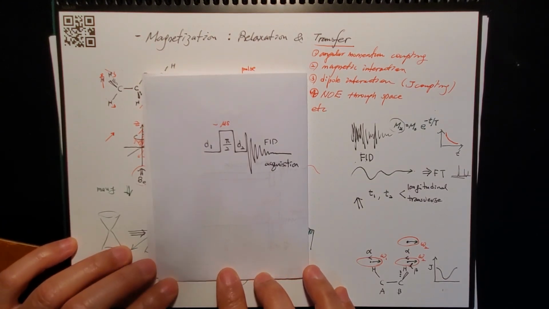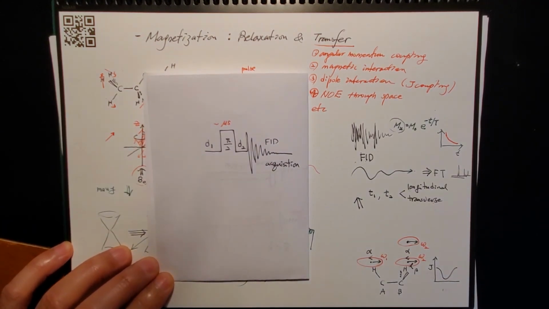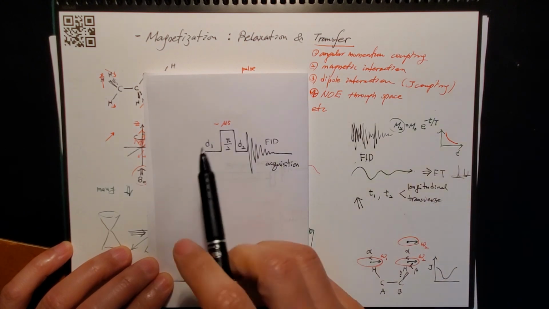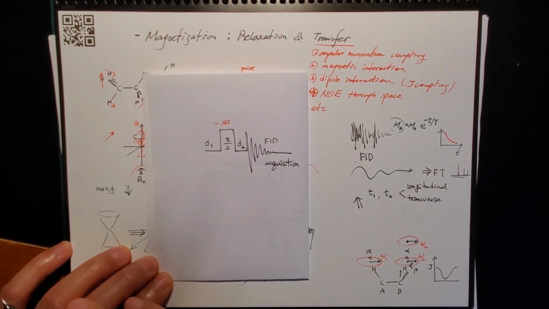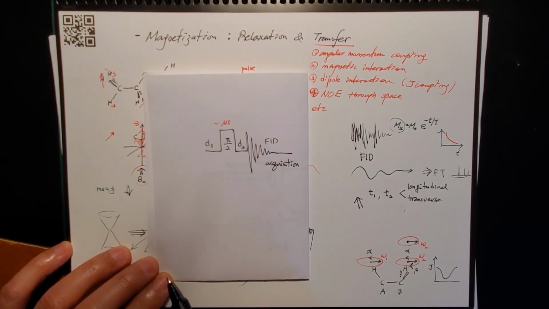This is a common way of describing the process of acquiring the spectrum. You first wait a certain time, delay time. Sometimes it's to magnetize the sample, or in some other multi-dimensional NMR, you are waiting for other manipulation done on the other type of atom, and so on.